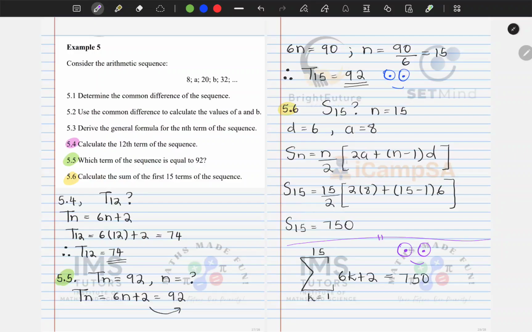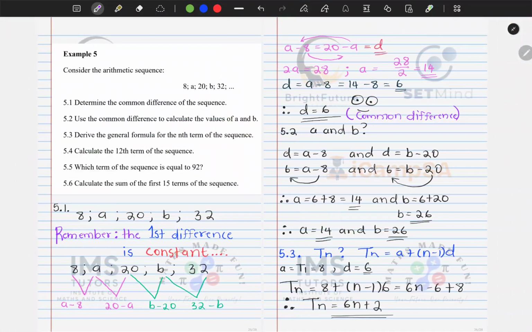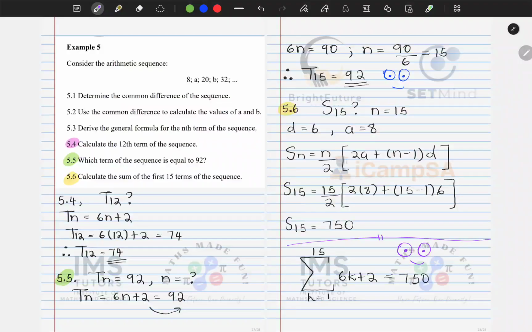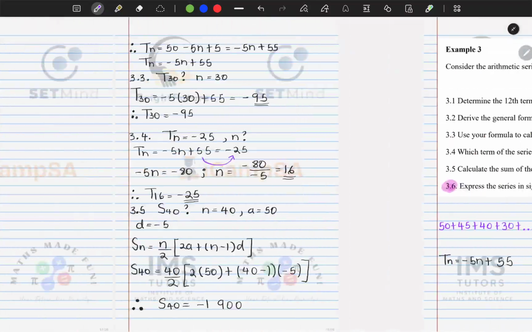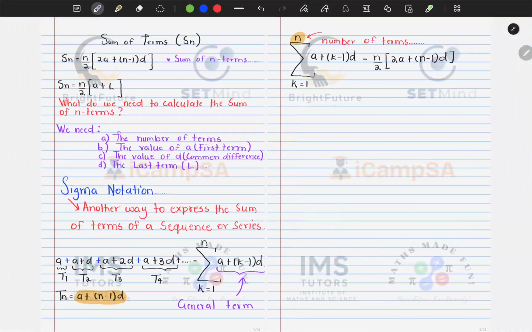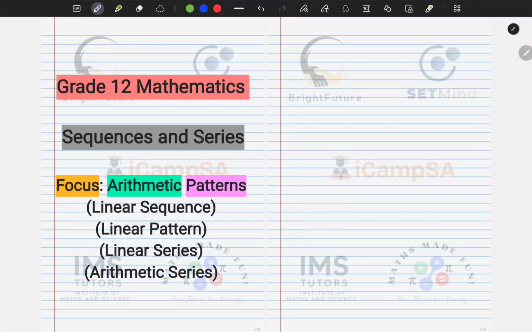So what we are going to do for the remainder of this course, at least arithmetic, is to select question papers from various papers over the years and see if we can gain an even better understanding. But I hope this lesson has helped you to have a good base and foundation of what you should do. So let's quickly go back and have a look at what you were supposed to take out of this course.